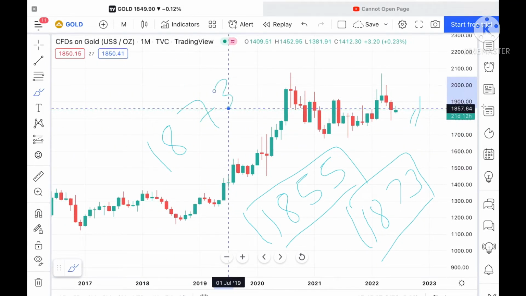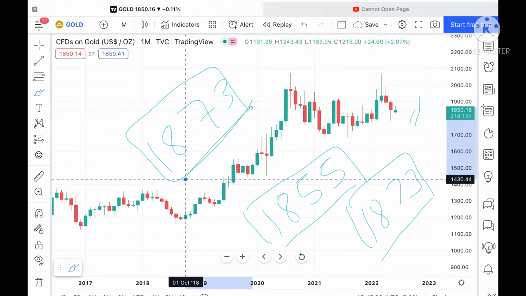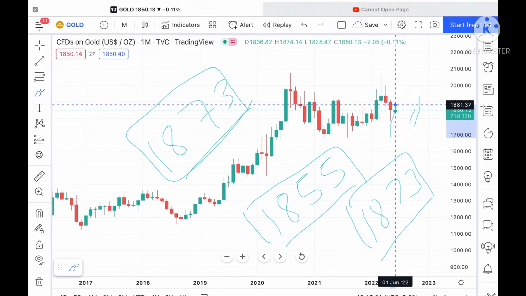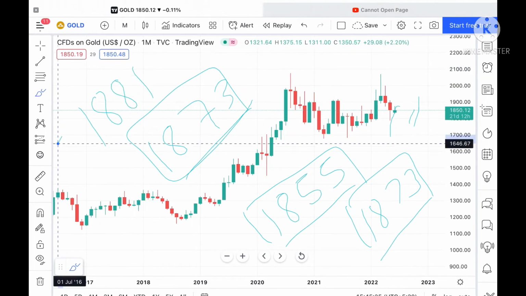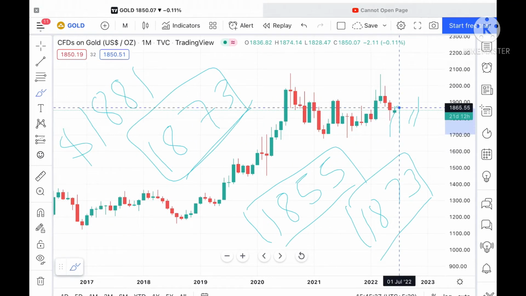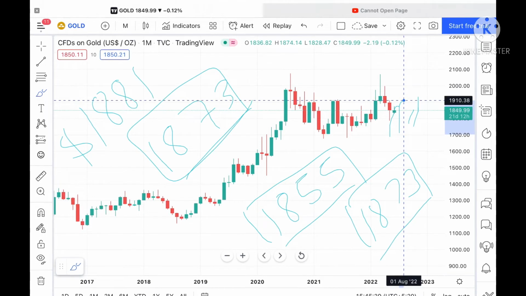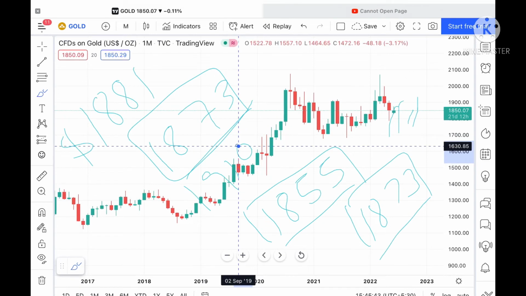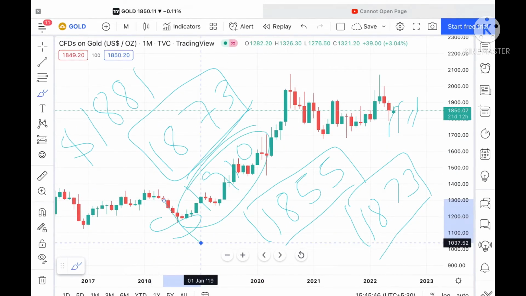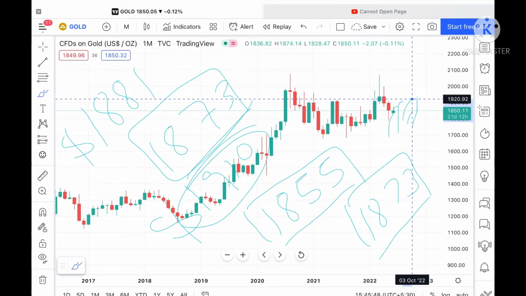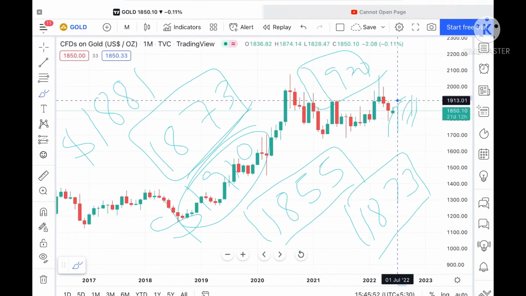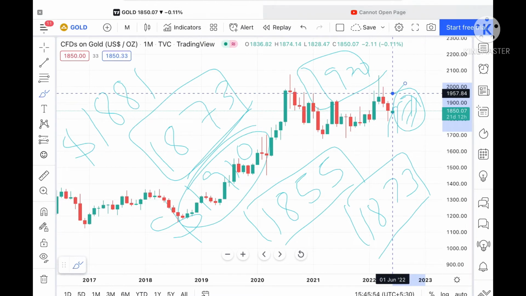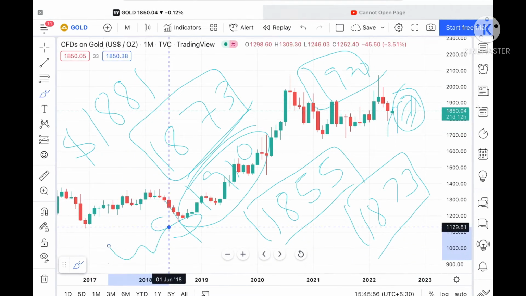And if it sustains above this level, then we can see it can go further upside towards a level of 1881, and from there it can go further upside and touch a level of 1910. Once this 1910 sustains, it can go further upside and touch a level of 1920, and then it can move further upside, and then a cup pattern will form, so we can see it can go further high.